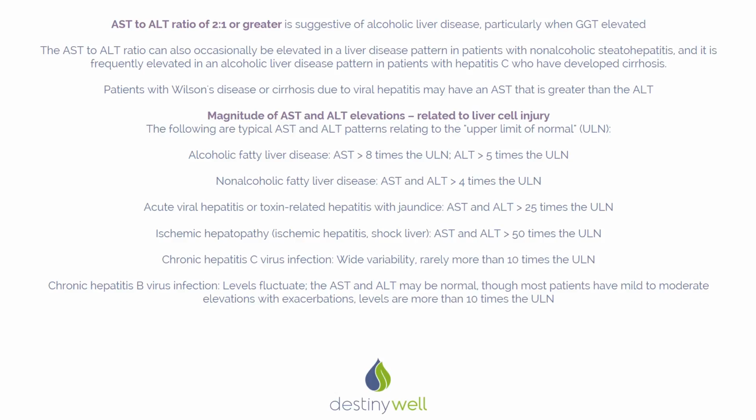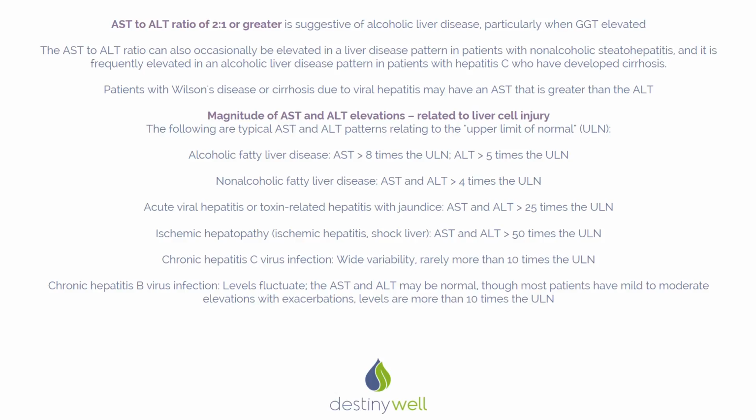Let's talk about the magnitude of liver function test elevations when the liver cells are injured and what kinds of patterns we see with different diseases. With alcohol-related fatty liver disease, the AST can be up to 8 times the upper limit of normal, and ALT perhaps 5 times the limit.